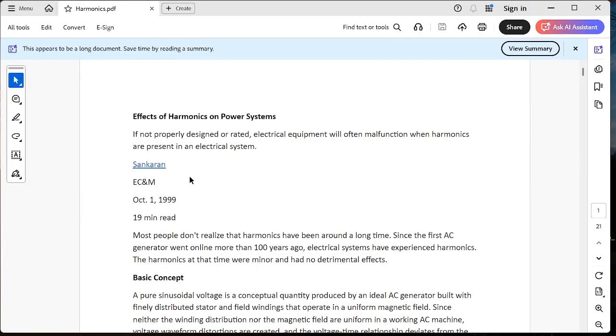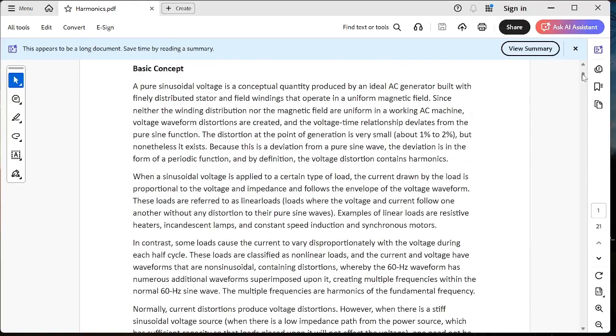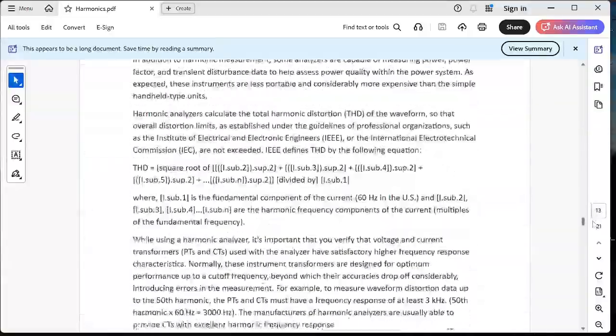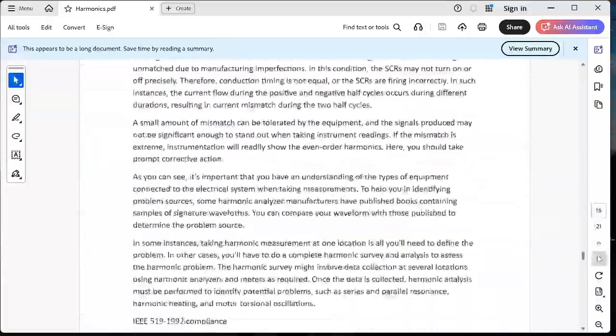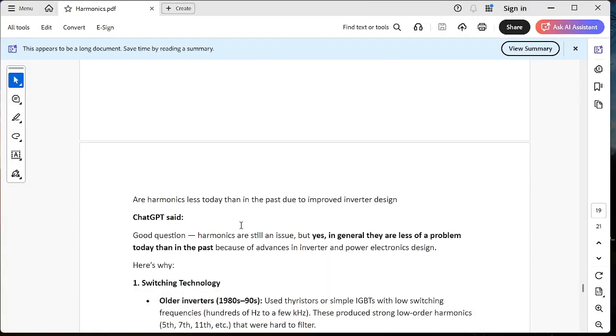Okay, so this was a big long article on ECNM in 1999. So now I go back and I look at my buddy. I read through this article, and that's on your web. So I asked my buddy at ChatGPT, are harmonics today less than in the past due to improved inverter design?